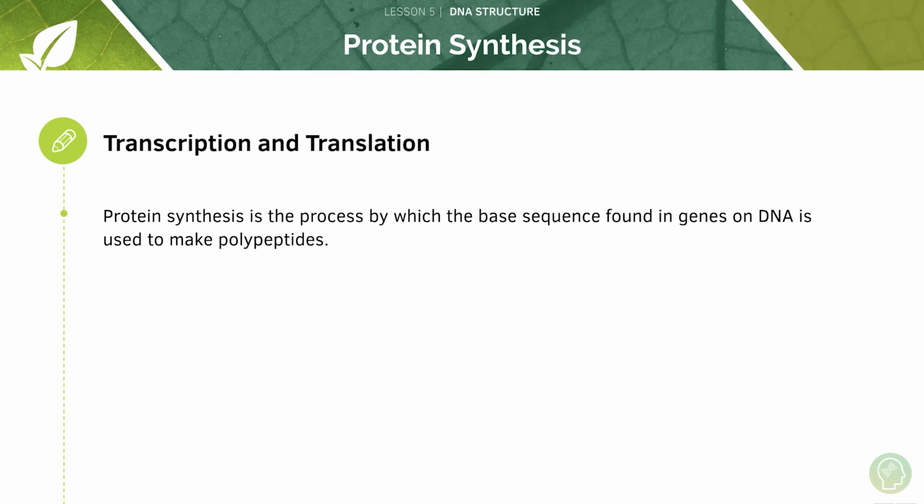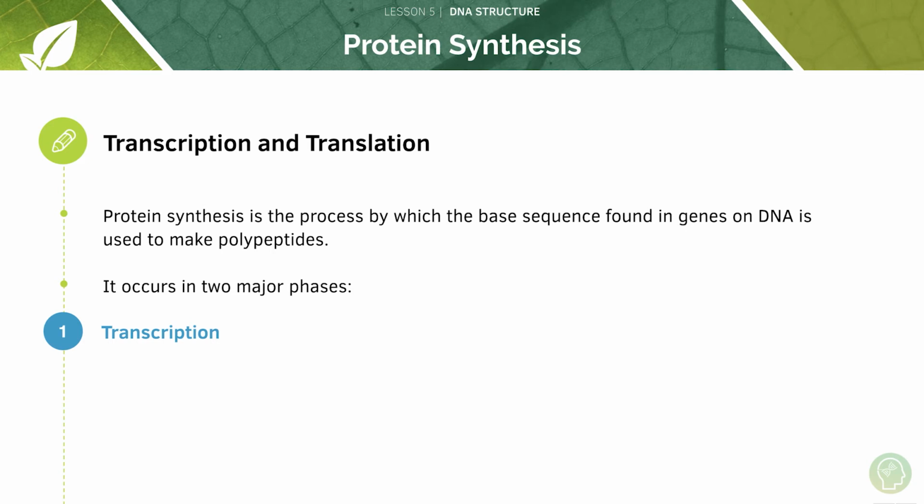So transcription and translation. So protein synthesis is the process by which the base sequence found in genes on DNA is used to make polypeptides. Polypeptide is just another word for a protein. So it occurs in 2 major phases.